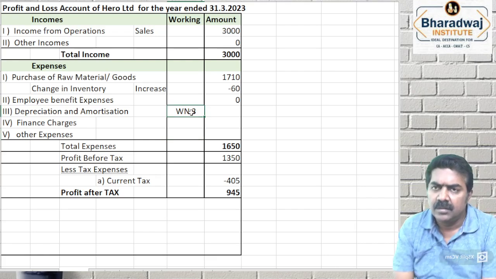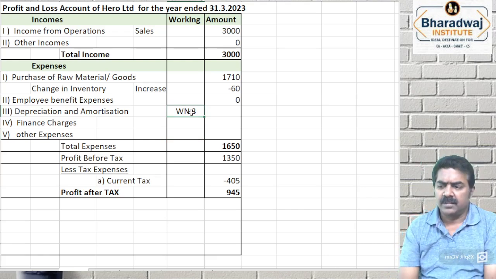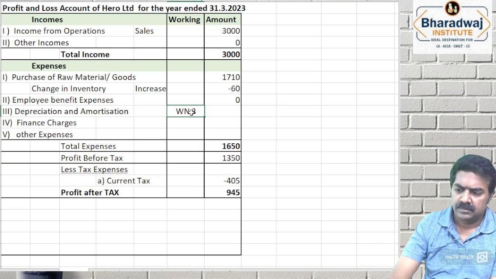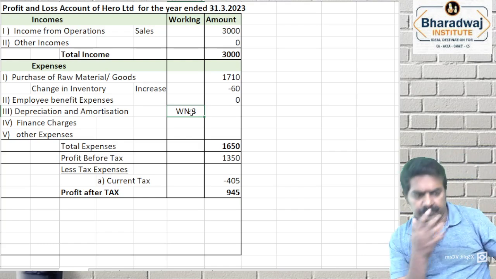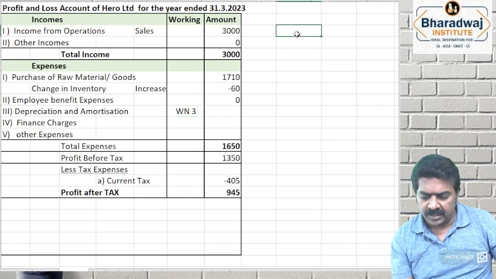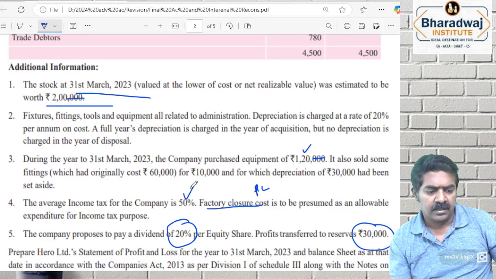One 124. Think about it. What are the assets we need to provide depreciation on?